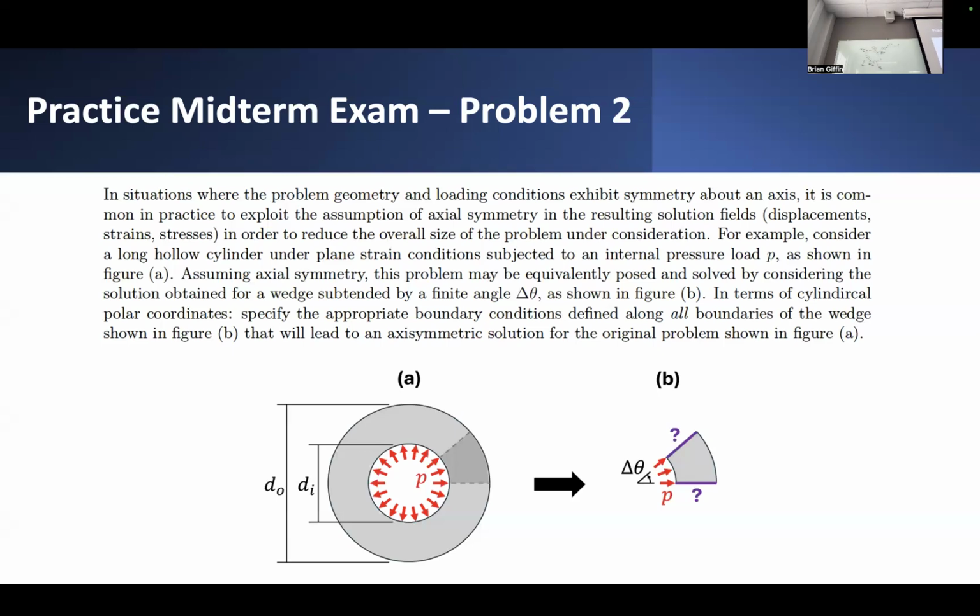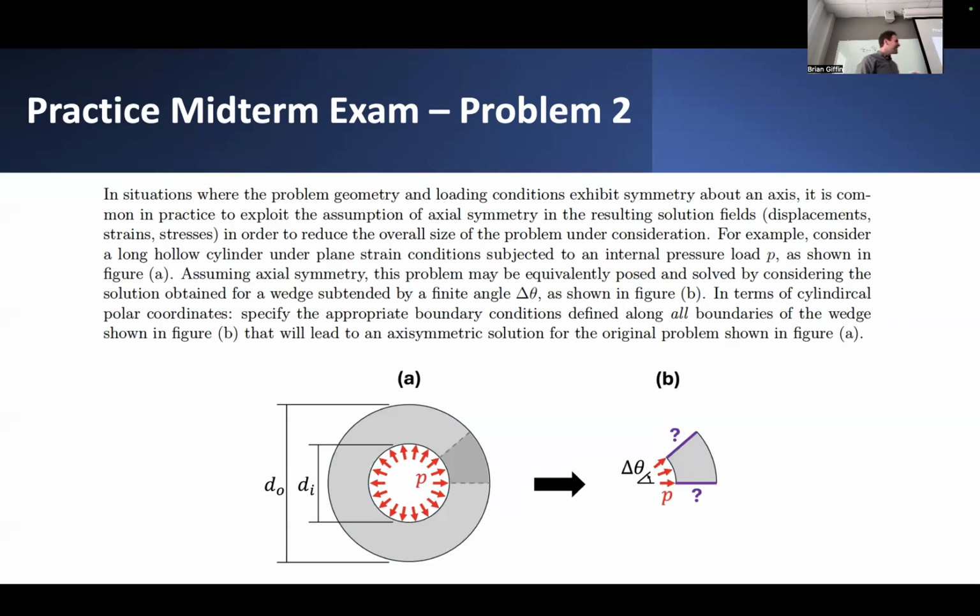What about this interior segment? Kind of applying similar concepts. Now we're looking more at this particular segment. Yeah, so shear, we can say by similar arguments, is zero. It doesn't look like we're constraining displacements. It doesn't look like we're applying any kind of shear traction on this interior surface.